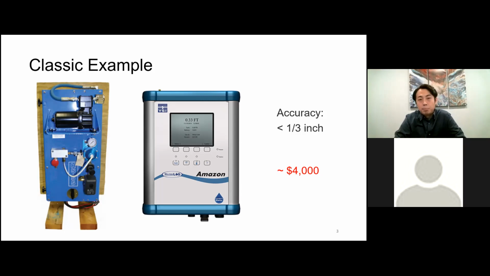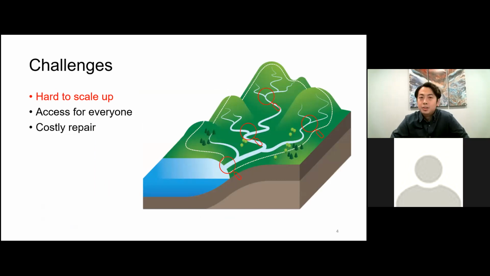With that high price tag, it creates three major challenges. First, it's really hard to scale up and deploy a lot of these over a large area. Oftentimes, if we wanted to monitor, say, an entire watershed, it's very difficult to deploy a lot of these over a large area, and we often face the question, where is that perfect spot for us to monitor?